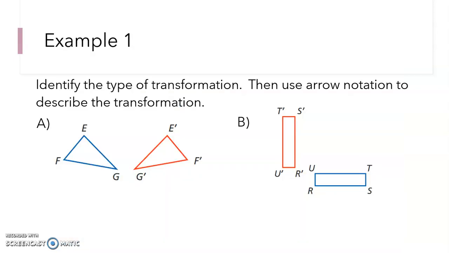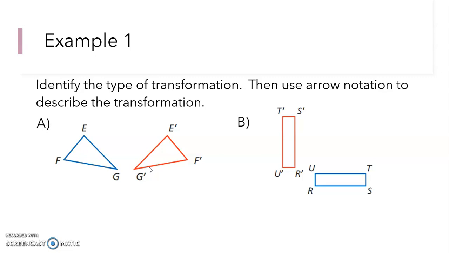In example 1, they ask us to identify the type of transformation and then use arrow notation to describe it. So take a look at A and look at how the points have changed between the blue triangle and the red triangle. And see if you can figure out what kind of transformation it is.